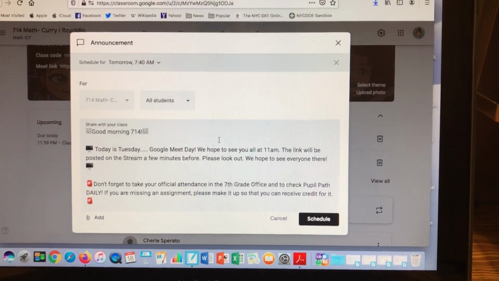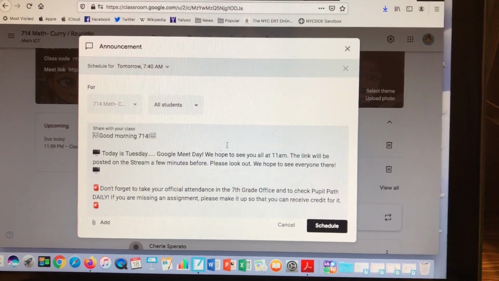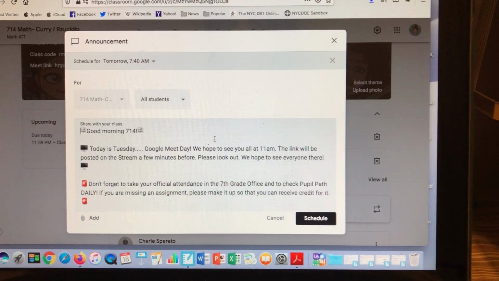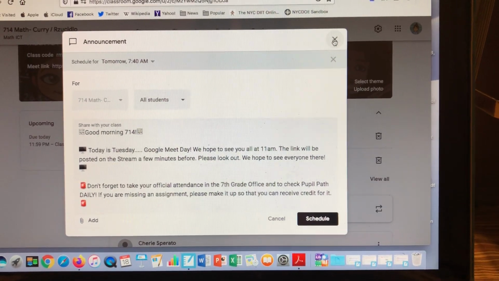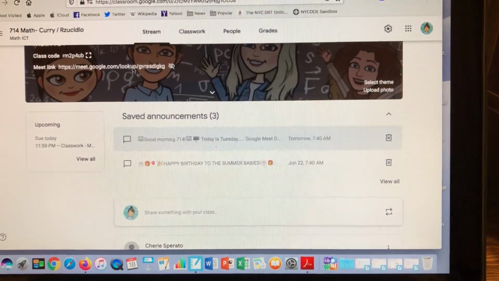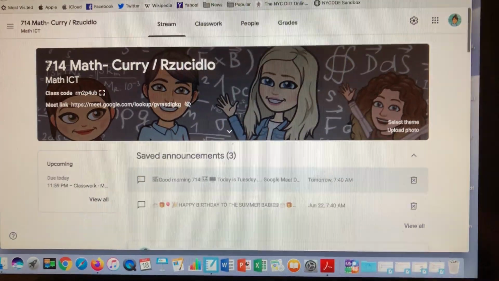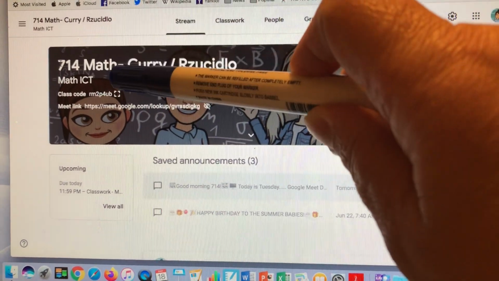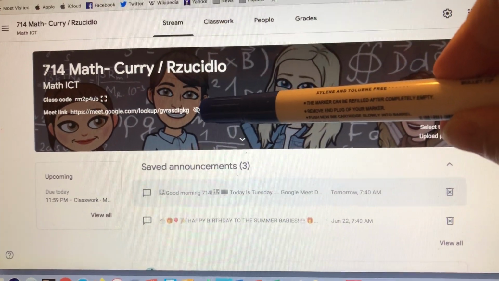So at 11 o'clock today will be the Google Meet. And a few minutes before it starts, Mr. Sidlow is going to post the link in the stream, but it can also be found in the banner here, underneath where it says 714 Math ICT, here is our class code, and under that is the Meet link.